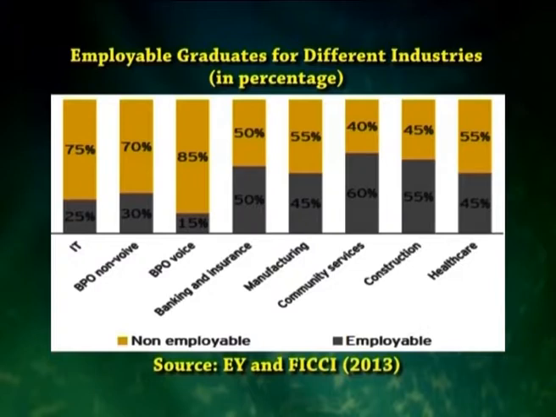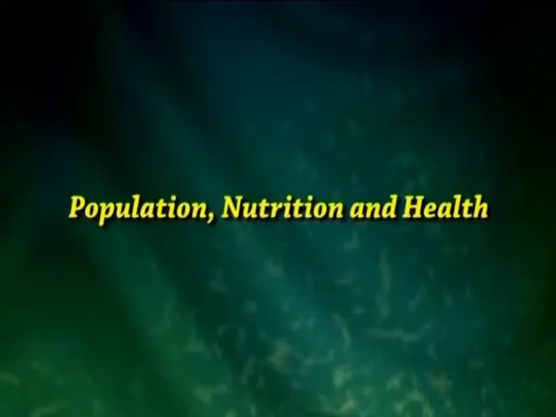If more than 50% of our graduates are not employable, it means that they lack these skills. Therefore, it is important to develop those skills among the Indian students so that they can reap the benefits of changing economic conditions in the national as well as the global market.